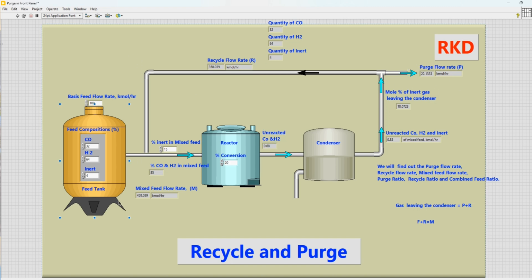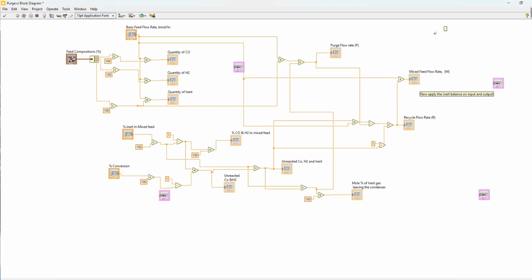So this is over, and this is over. Now we have to find out the purge ratio, recycle ratio, like that. So we go back here.